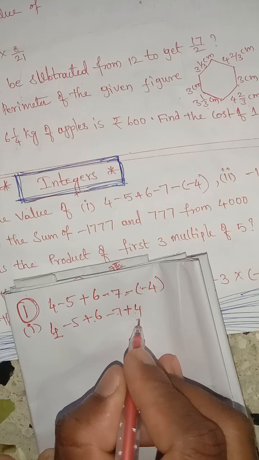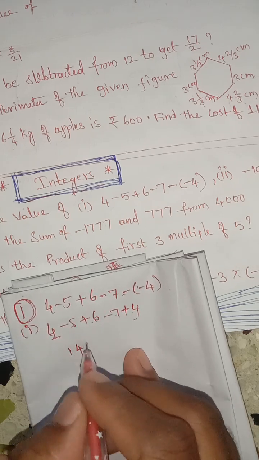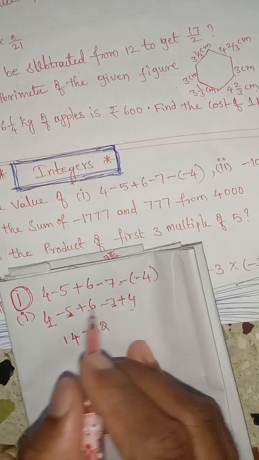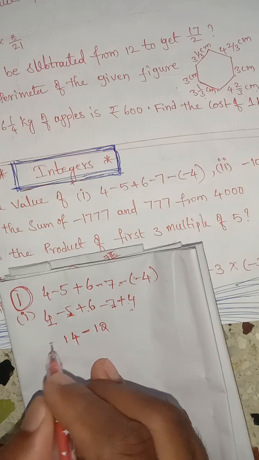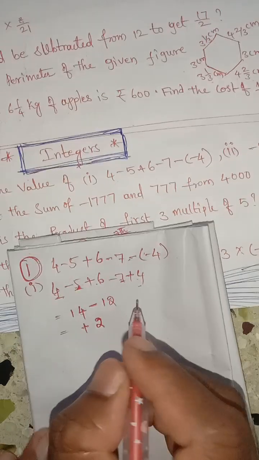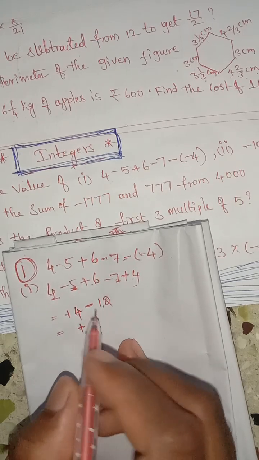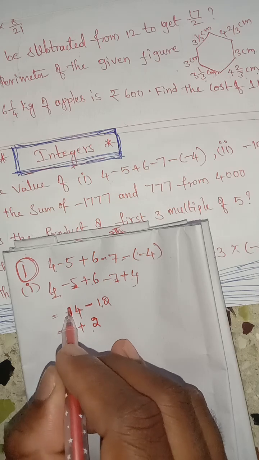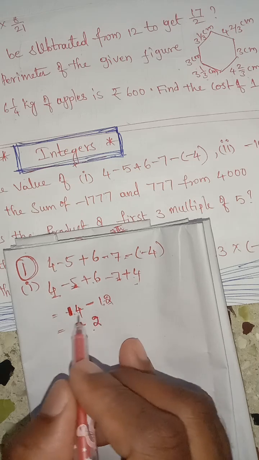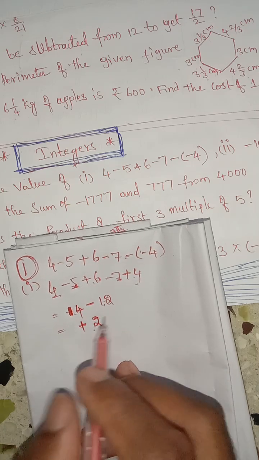Plus 4 plus 4 plus 8 plus 6 is plus 14, and minus 5 minus 7 is minus 12. So plus 14 minus 12 is plus 2. Plus 14 is the highest number compared with 12, so the answer is plus 2.